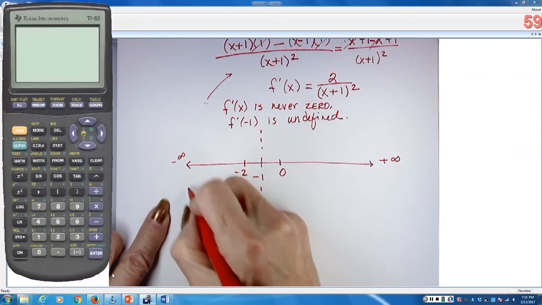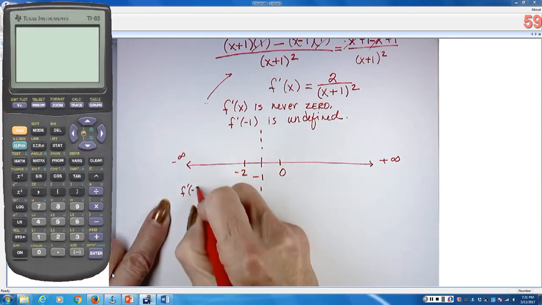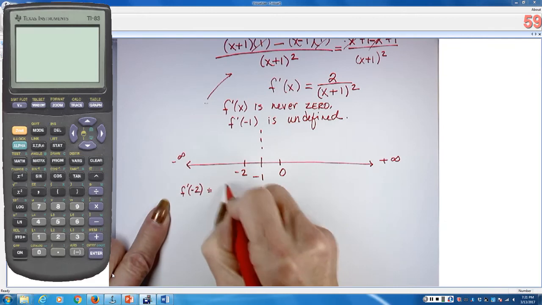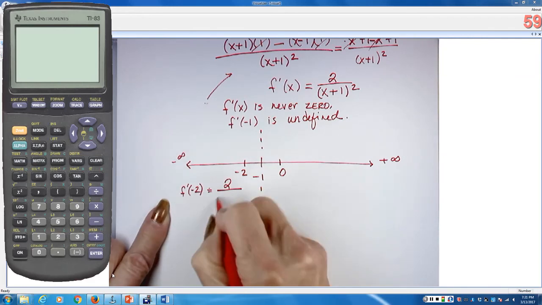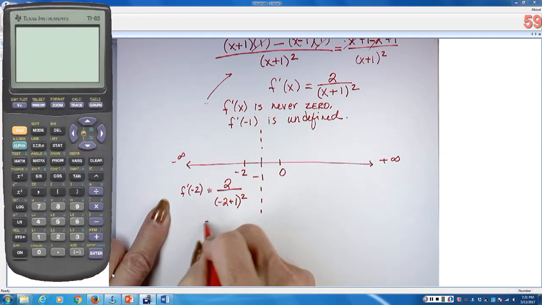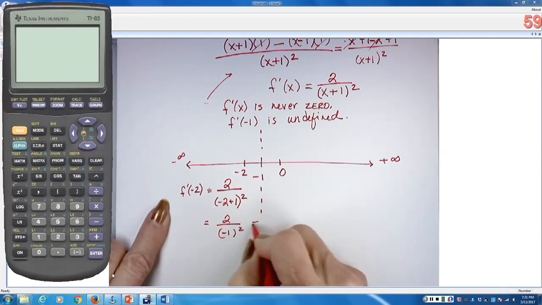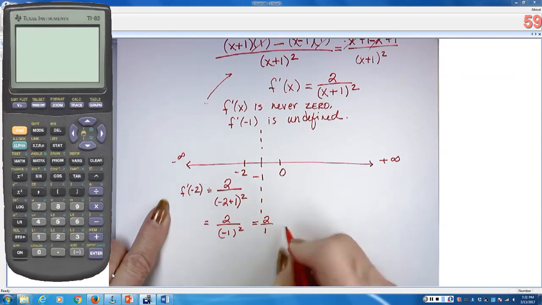So if I find f prime of -2, that's 2 over -2 plus 1 squared. And -2 plus 1 is -1, but when I square it, it's positive. So 2 over 1 is positive.